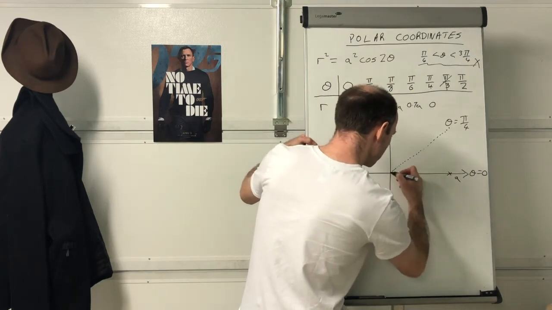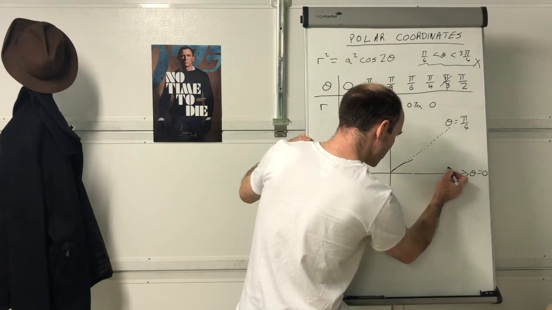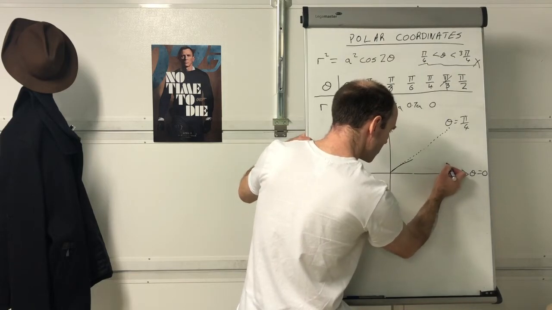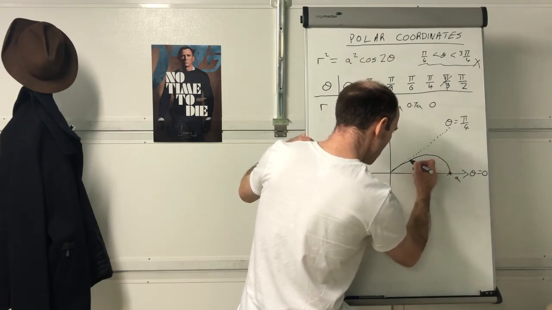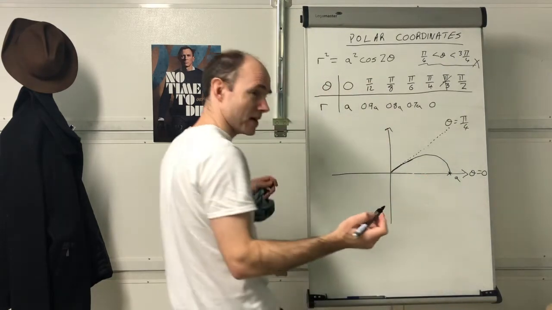I'm just going to draw it like this, because it's a bit better if I do it that way, because I know that's going to be an angle of 90 degrees. That's not the best looking one, but there you go.